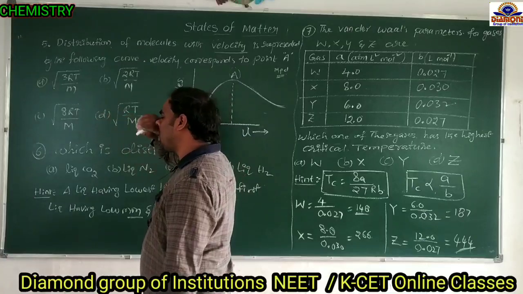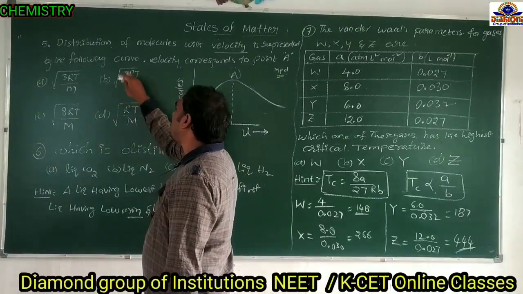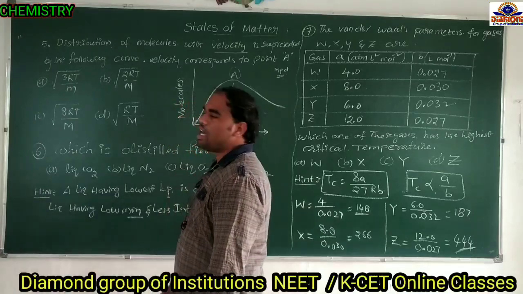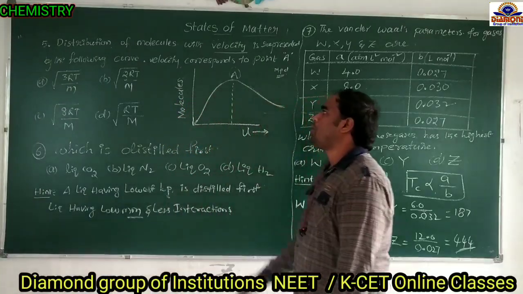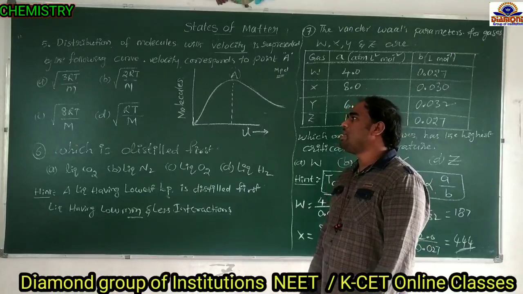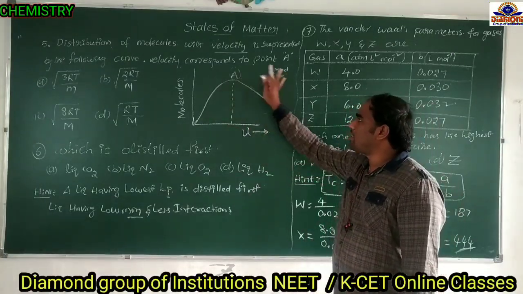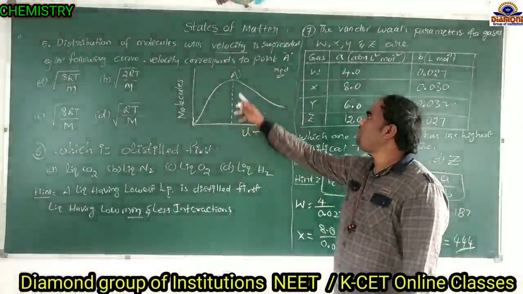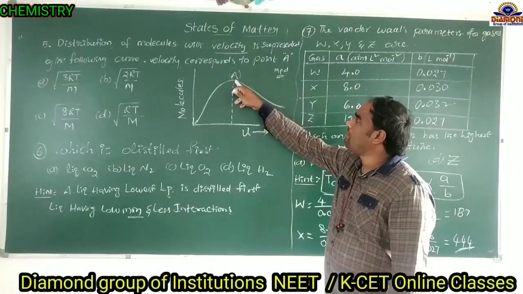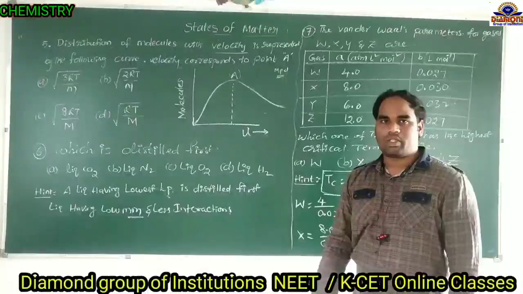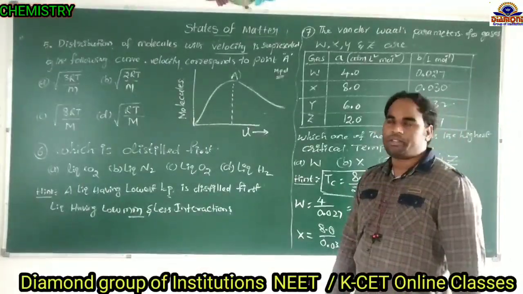Option A, root 3RT by M; option B, root 2RT by M; option C, root 8RT by M; option D, RT by M. Okay, so different velocities are given as A, B, C, D. So once you observe this graph, what kind of velocity does this point represent? Okay, so that is the question.